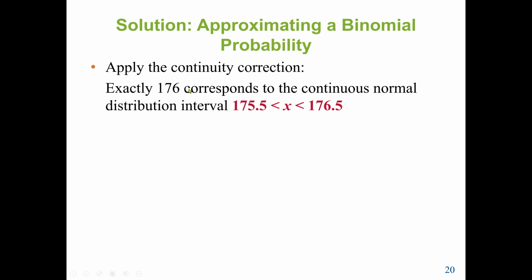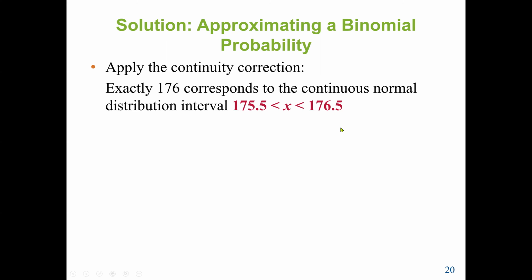If it's less than 176, then we use only 175.5, and the answer we get for P will be from the left to 175.5. But if it's greater than 176, the answer we get in P will be from the left to 176.5, so we have to subtract it from 1 to get from 176.5 to the right of the normal curve.